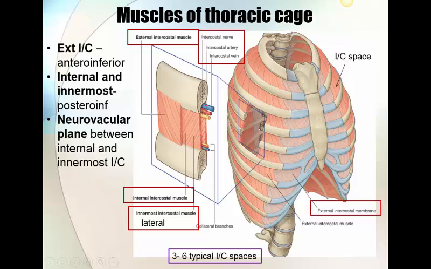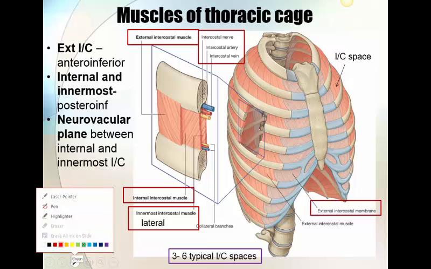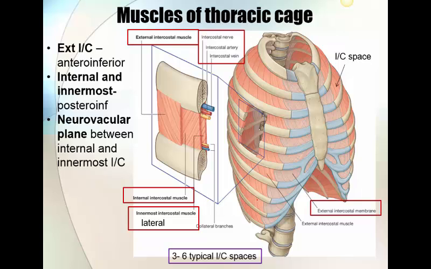Lying deep to the innermost intercostal is a fascia, which you will see in another image, and that fascia is up here. So if I was to cover all this, there'd be this fascia which is present here. That fascia is called endothoracic fascia.